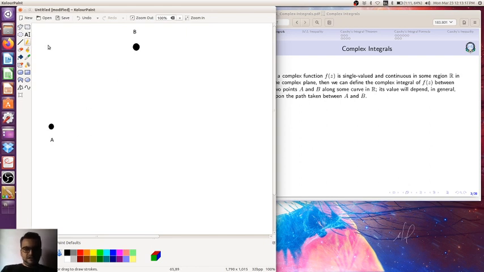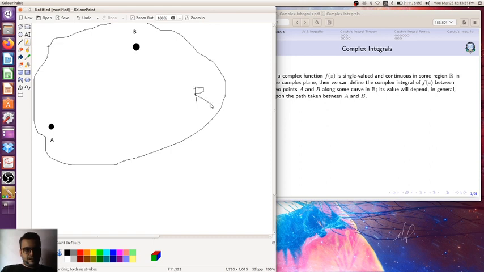Now this is a region. This entire area that I have drawn here is the region R, and within this region R, we have these 2 points A and B, and then I take one path from A, and this path ends at B.